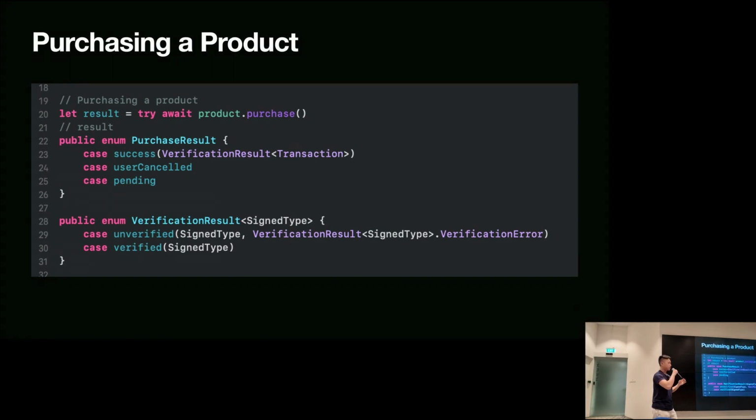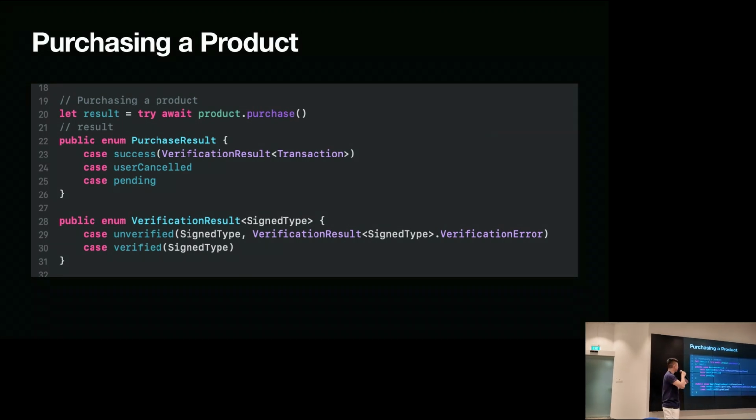But Apple has a detection to match the signature of the response. So if the response doesn't match the signature of the expected response, then it will return unverified. And for those cases, we can just cancel the payment and just assume that the user is doing some exploit kind of thing.